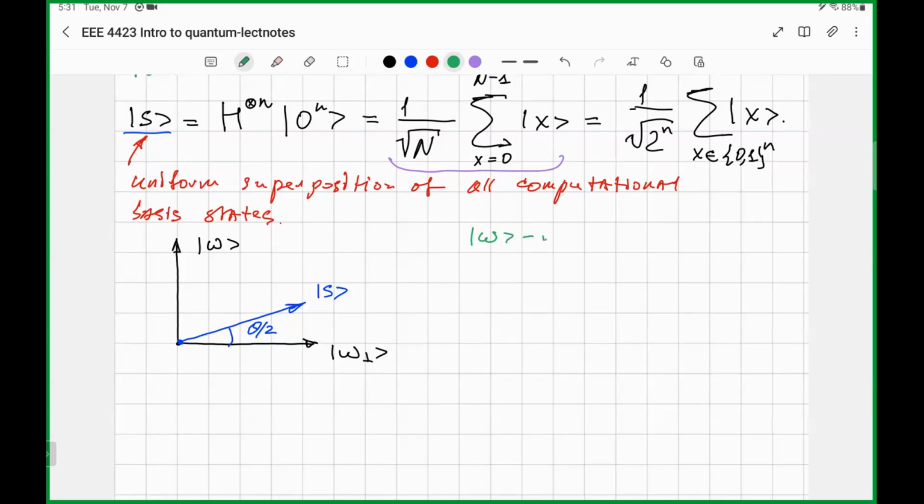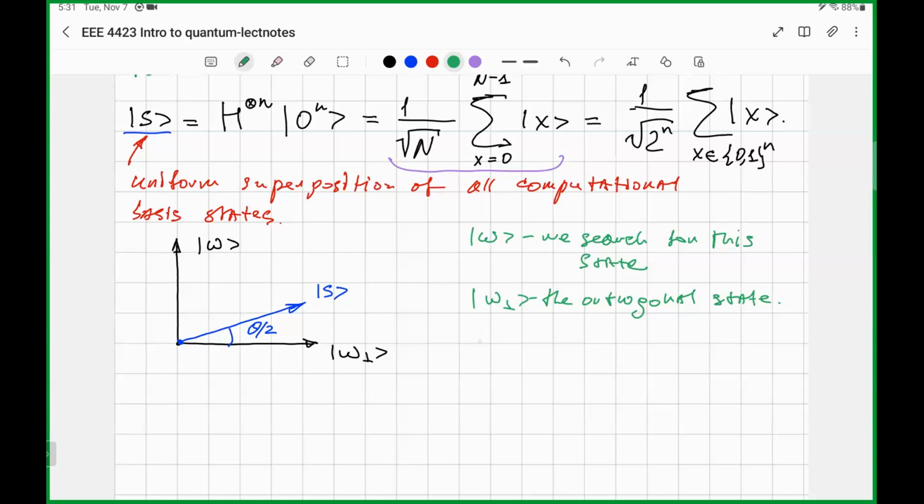And omega orthogonal is the state orthogonal to the one we are after.